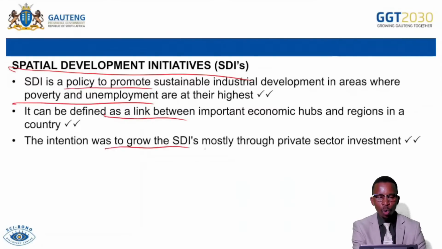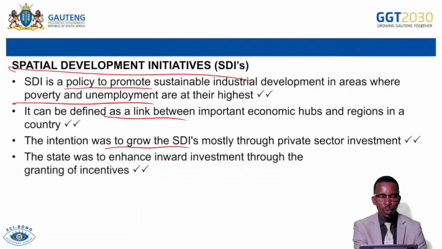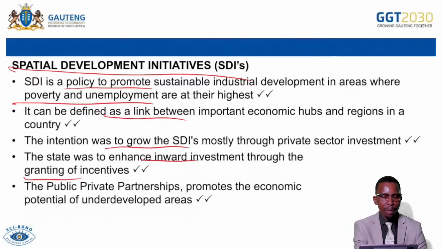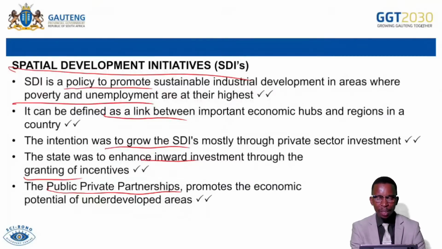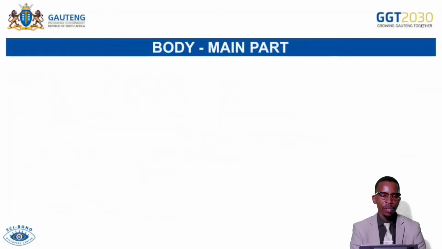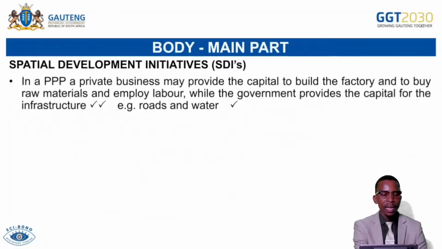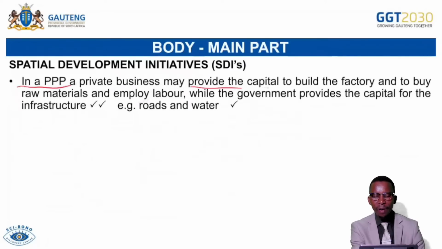The intention was to grow SDIs mostly through private sector investment. So the state was to enhance inward investment through the granting of incentives to businesses. The public-private partnership promotes the economic potential in underdeveloped areas. In a public-private partnership, business may provide the capital to build the factory, buy the raw material and employ labor, while the government will provide the capital for the infrastructure, e.g. roads and water.